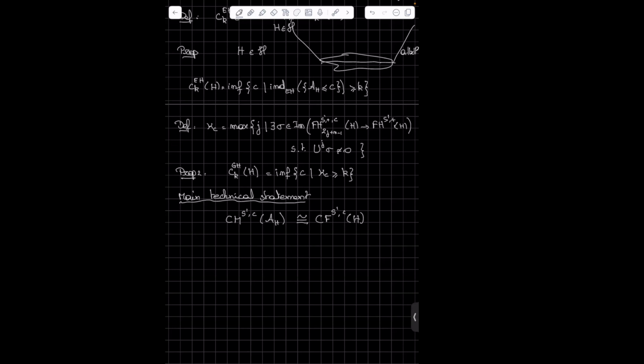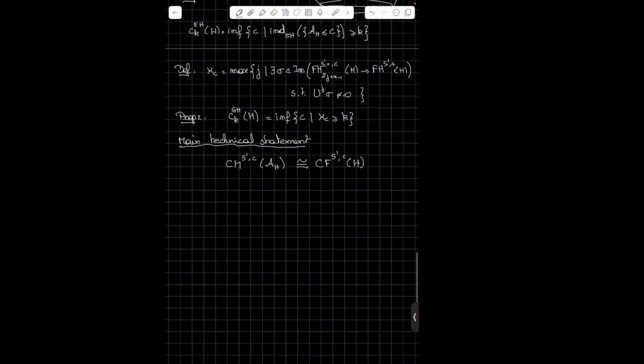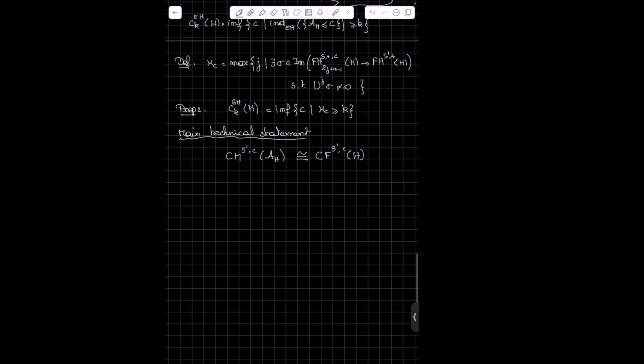So that's the main technical statement: you can define Morse homology for the action functional, you can define Floer homology, and those two are chain complex isomorphic. And then I'm not putting assumptions, but we are really stuck to the case of star-shaped hypersurfaces in R^2n. It won't work for general manifolds.